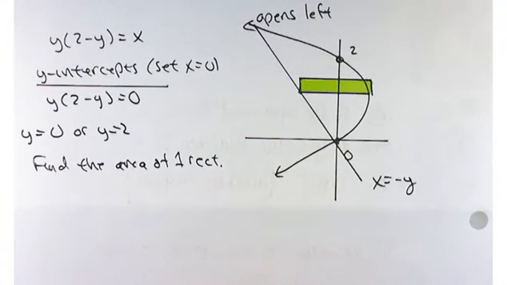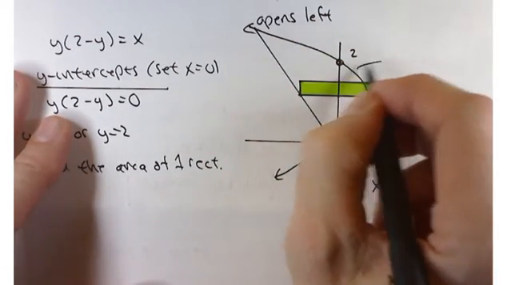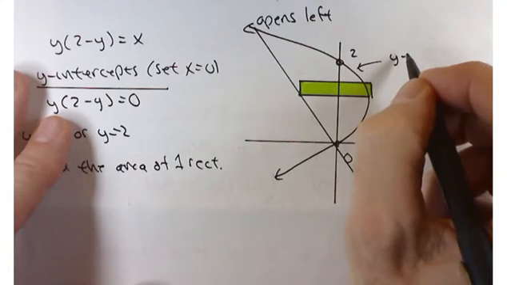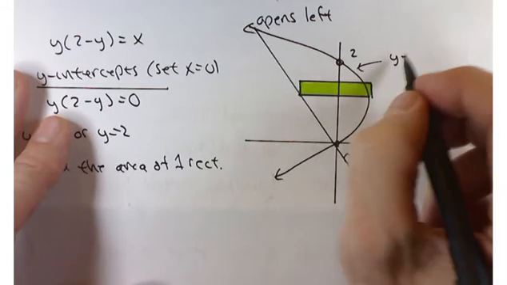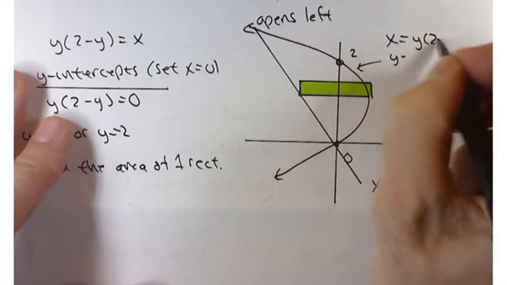So see if you can't come up with an expression for that. The second curve here is x equals y times 2 minus y.